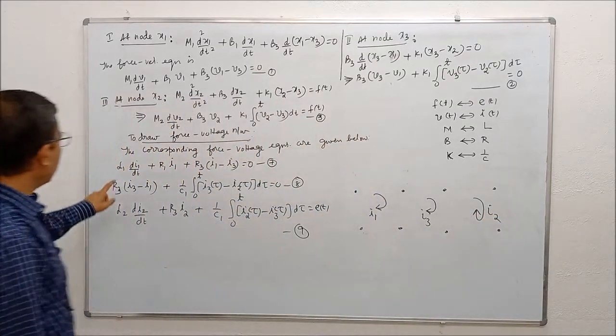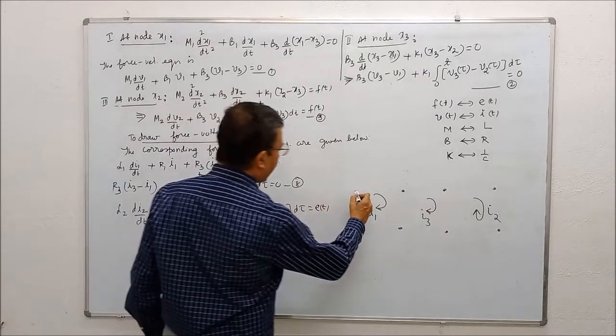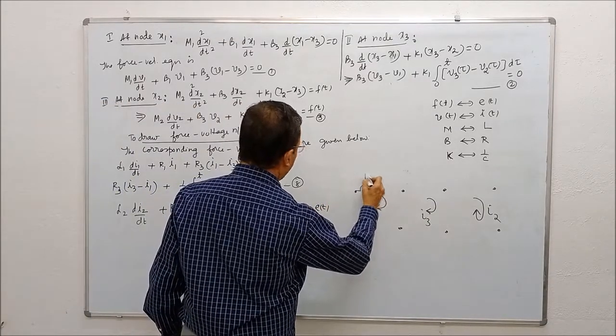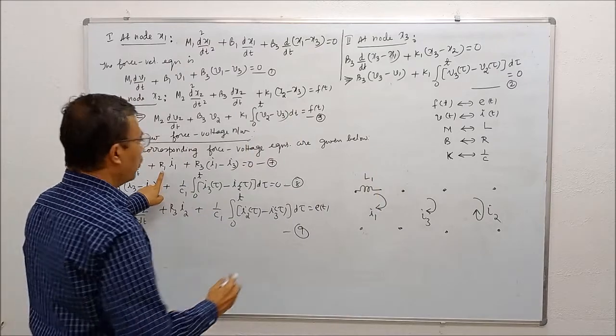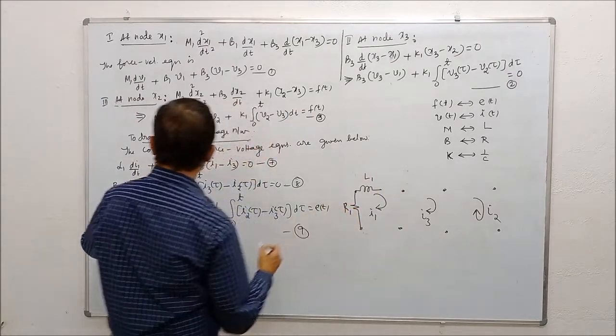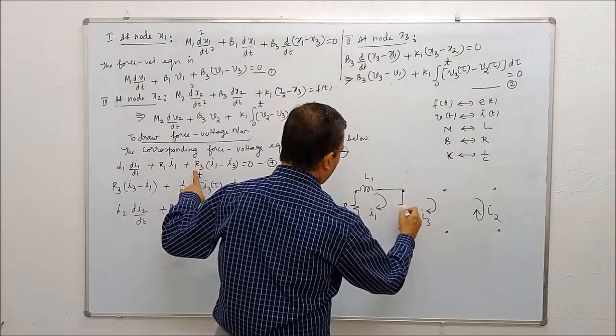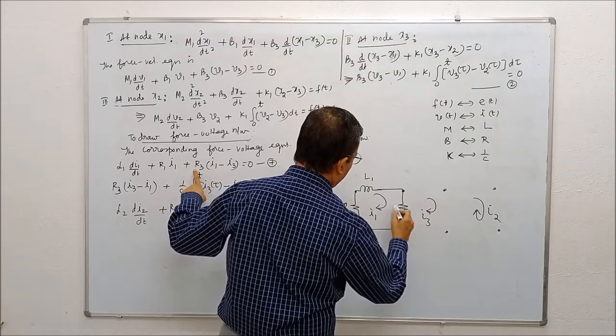Take the first equation. Current through L1 is I1. Current through R1 is I1. Current through R3 is I1 minus I3. This is R3.